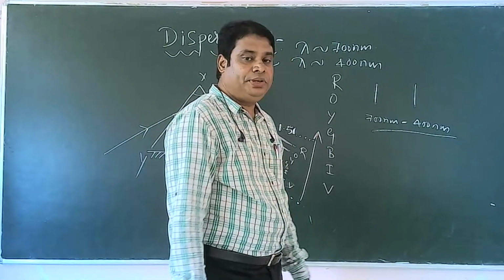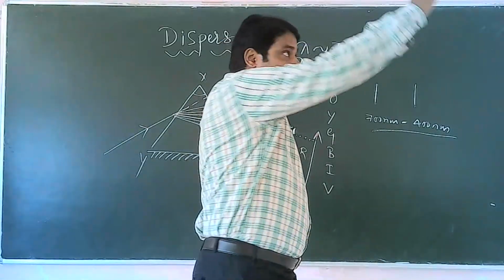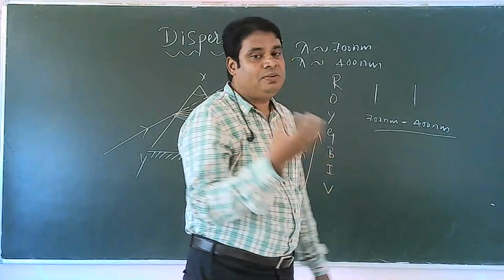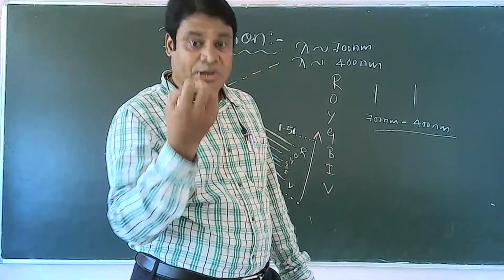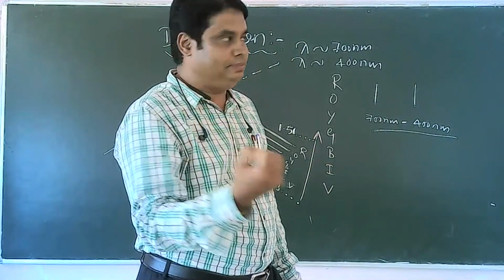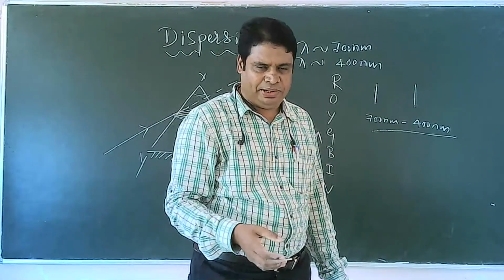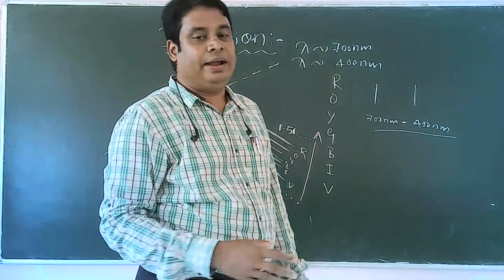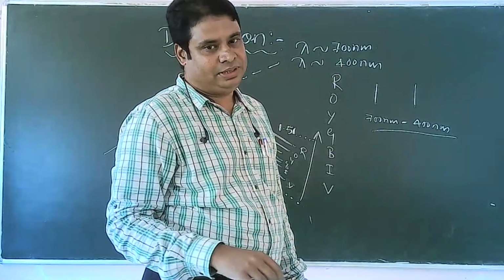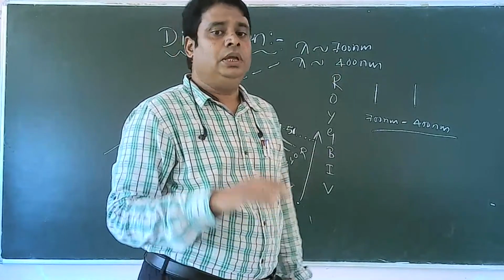Rainbow is due to sunlight falling on the water droplets, rainwater, and dispersion occurs in the water droplet.